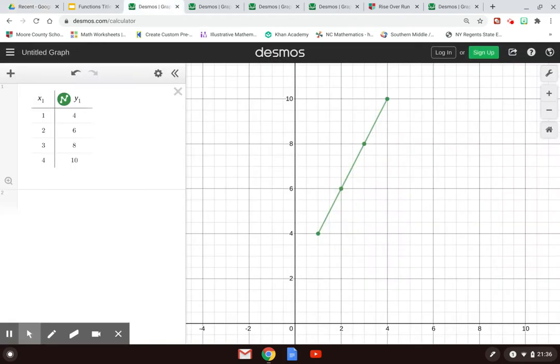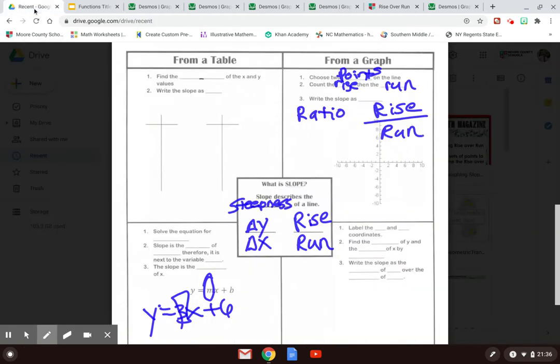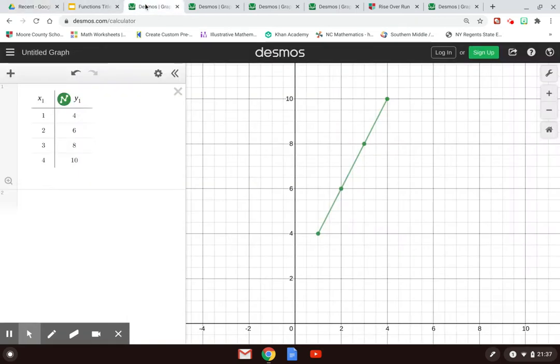All right, so here's a graph, and off to the side of it, you see the table of values. So go ahead if you need to and pause the video and recreate this table of values in your notebook and graph the line. Okay, so going back to what we said on our sheet, we are going to choose 2 points and then count the rise over run and write slope as the ratio of rise over run.